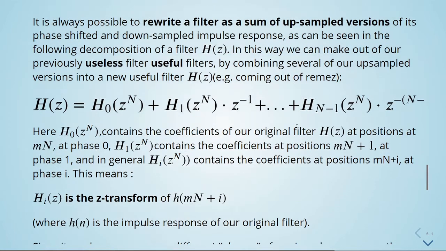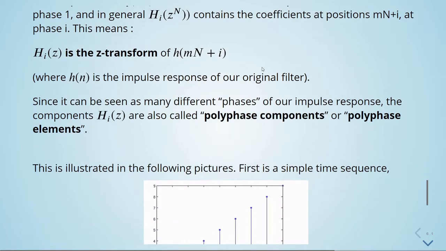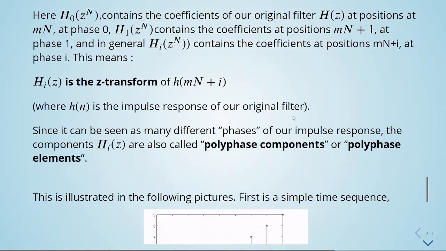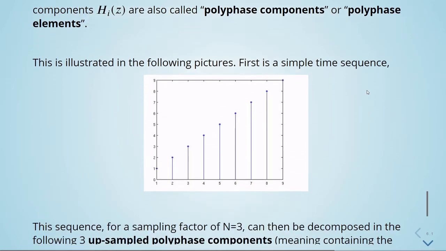So this is some kind of a polyphase decomposition, where we are rewriting a filter as a sum of upsampled versions of its phase shifted and downsampled impulse response. So it can be seen that there are many phases of our impulse response. Each one of these components is called a polyphase component.